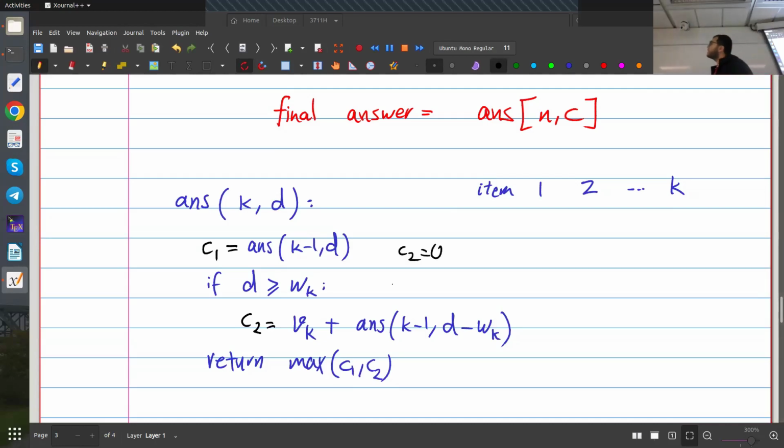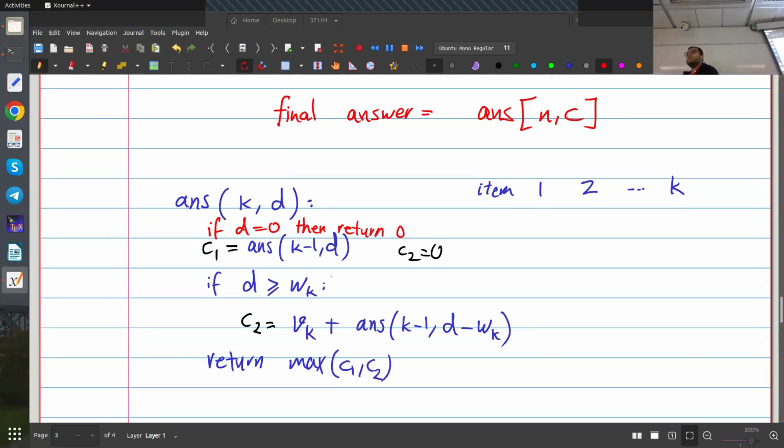Now, this is a recursive algorithm, but it doesn't have a base case. So if I just run it like this, it will run forever, right? What is my base case? My base case is either when I don't have any items or when my knapsack has size 0. If I don't have any space, if the size of my knapsack is 0, then I just return 0 because I can't put anything in it.